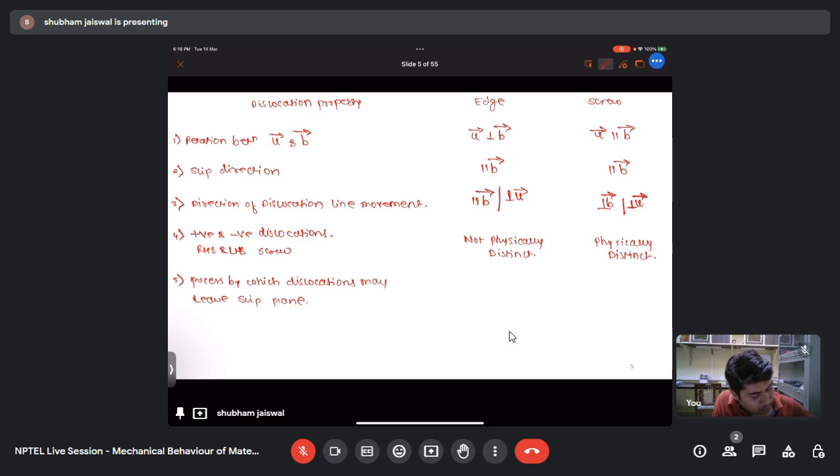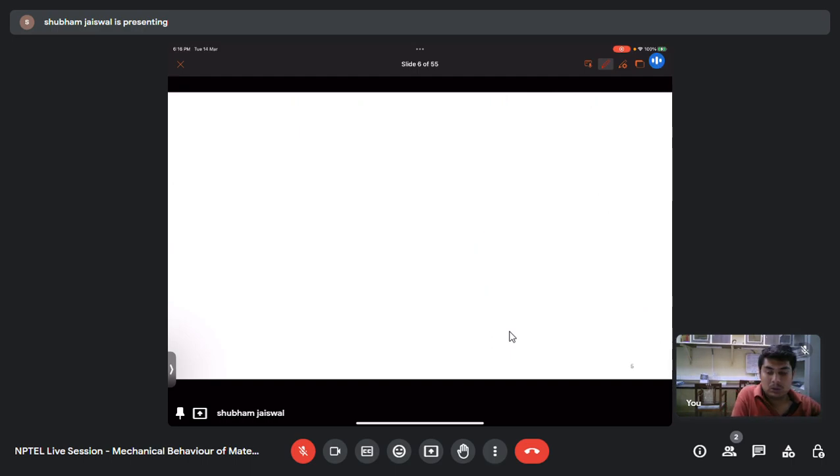So in edge, the dislocation may leave the slip plane by the process known as climb, and in case of screw, it is known as cross slip. Okay. So these are some basic differences between the edge and screw dislocation.